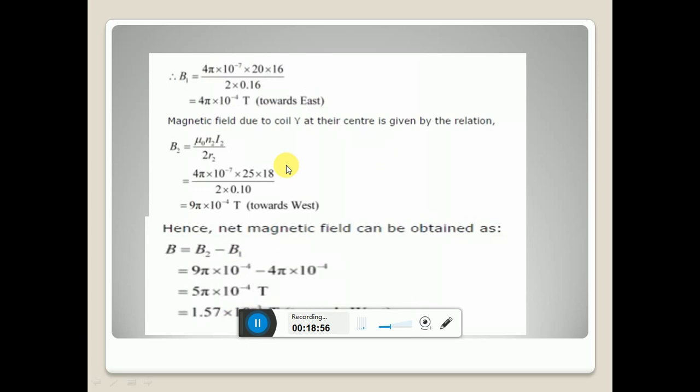After calculating the magnetic field values for coils X and Y, we have to find the direction of the magnetic fields generated, B1 and B2. Just go through this numerical once.